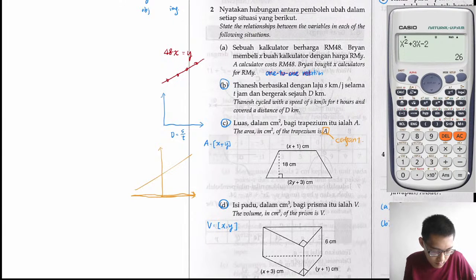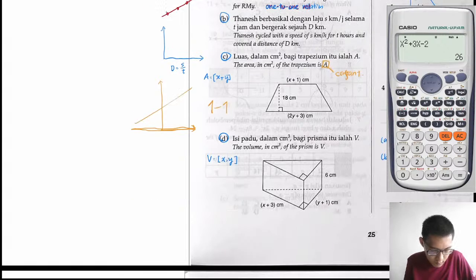So for this, if the prism's V is x plus 3 times y plus 1, we already have x and y.